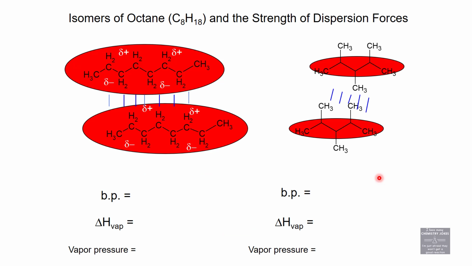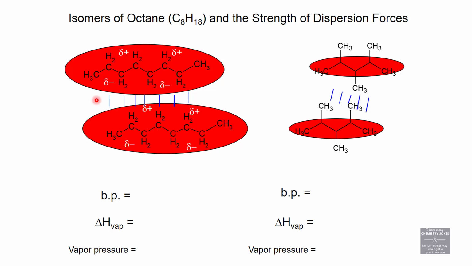So dispersion forces are stronger and weaker based on how well those molecules can align. If you have a large surface area, you can have a lot of intermolecular forces when that instantaneous dipole forms. I'm doing all kinds of hand motions over here. That instantaneous dipole forms along the whole length of this molecule.